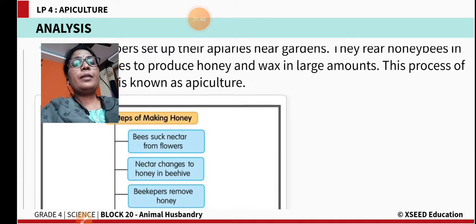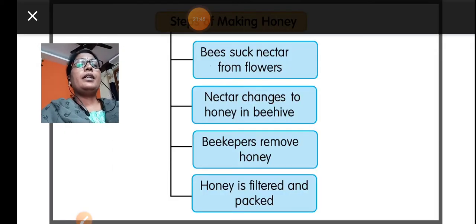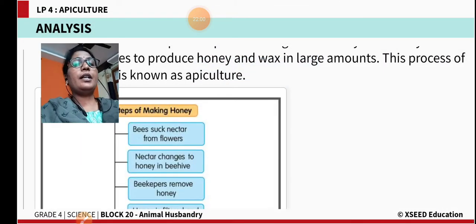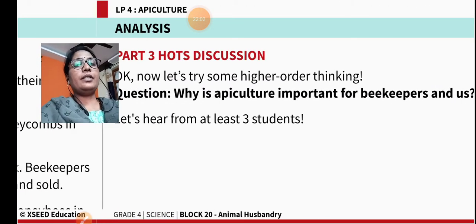So, steps of making honey: bees suck the nectar from flowers, nectar changes into honey in beehives, beekeepers remove the honey, and honey is filtered and packed later. So, these are the different processes that go on in apiculture centers.